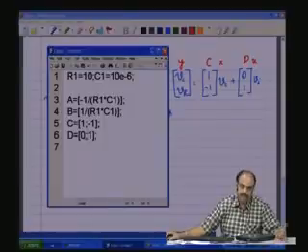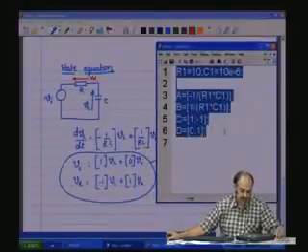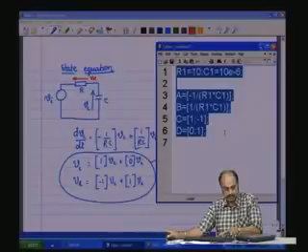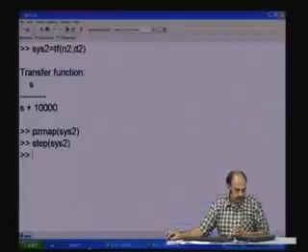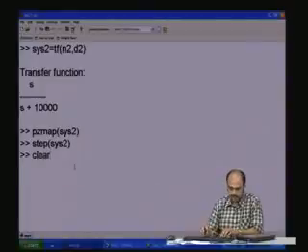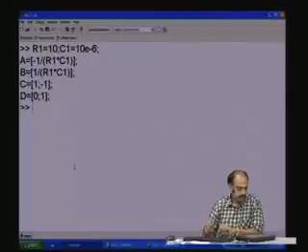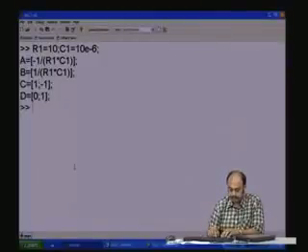So, this becomes a single input multiple output system, which is very easy to define in the state equation format than the transfer function. So, let us look at what this will do. Paste, and then we have the model.